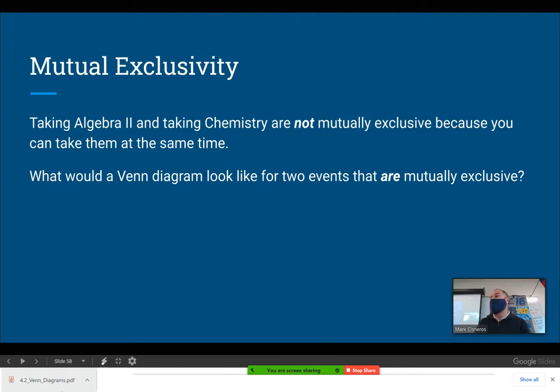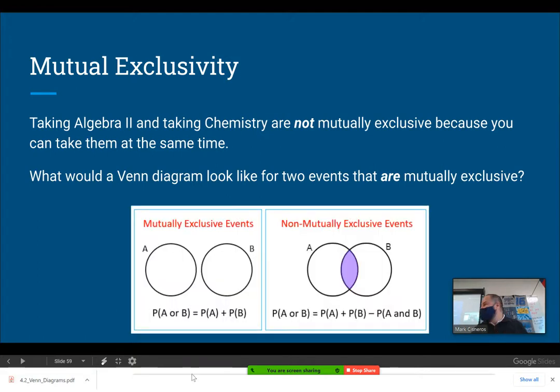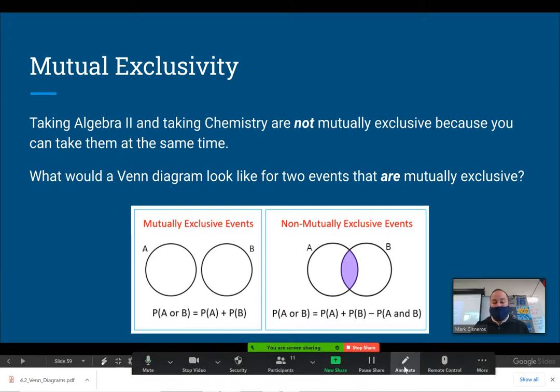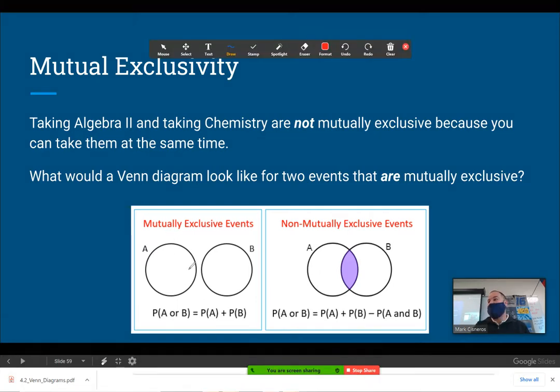Anyway, what would a Venn diagram look like for 2 things that are mutually exclusive? Like if you had English 1 and English 2, could that Venn diagram actually overlap? So what would it look like? Just 2 separate circles. And so this right here kind of ties back in to what I was showing you with that formula. When 2 things are mutually exclusive, they can't happen at the same time.